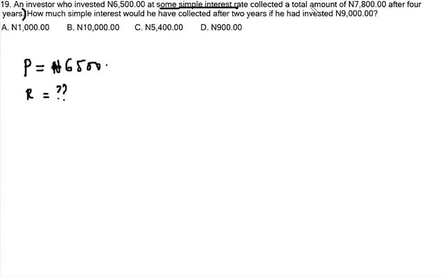Collected a total amount of 7,800 naira. So both his principal plus his interest is equal to 7,800 naira after 4 years. So the time is 4 years.